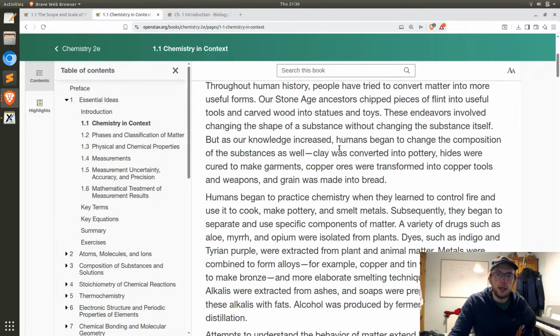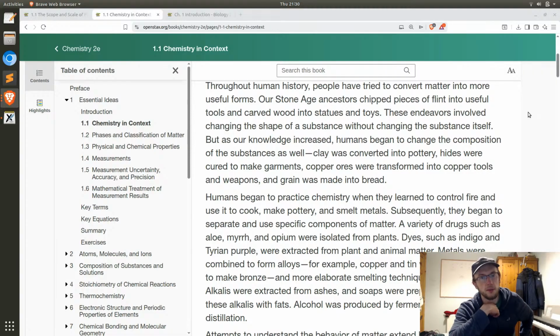Throughout human history, people have tried to convert matter into more useful forms. That's true. Our Stone Age ancestors chipped pieces of flint into useful tools and carved wood into statues and toys.